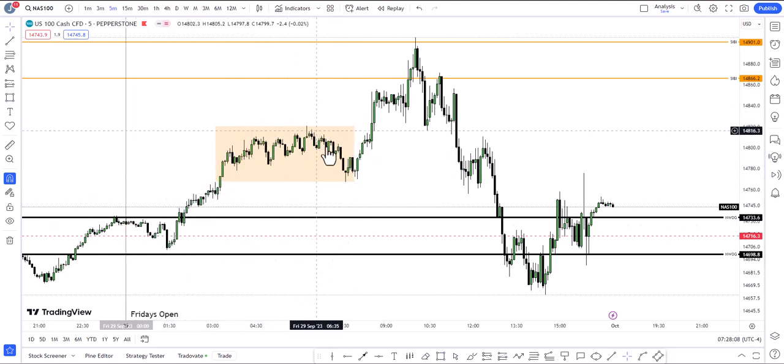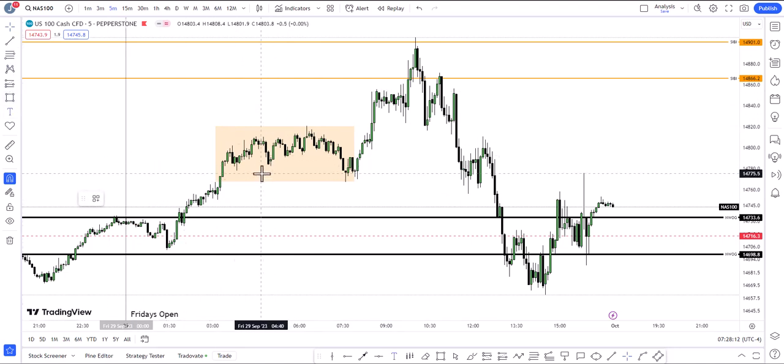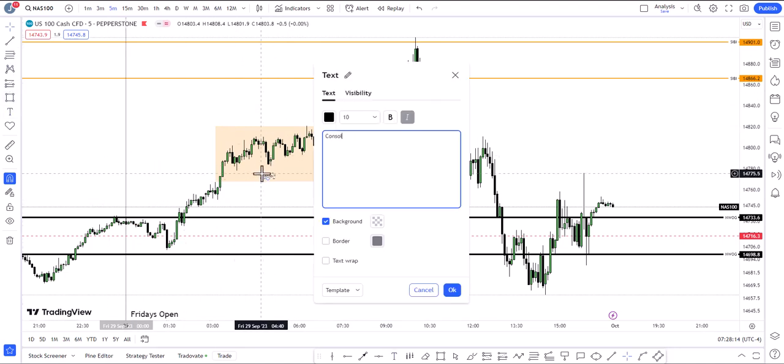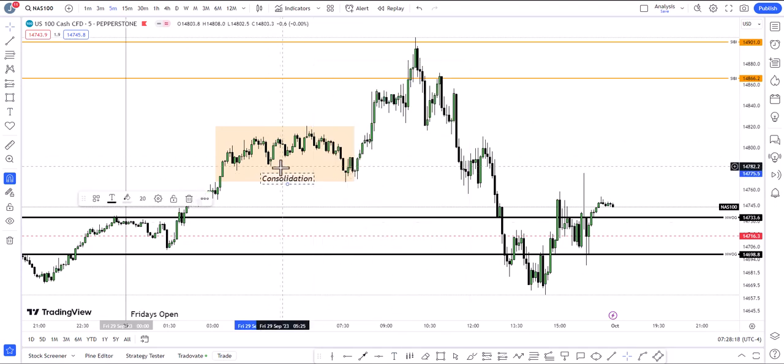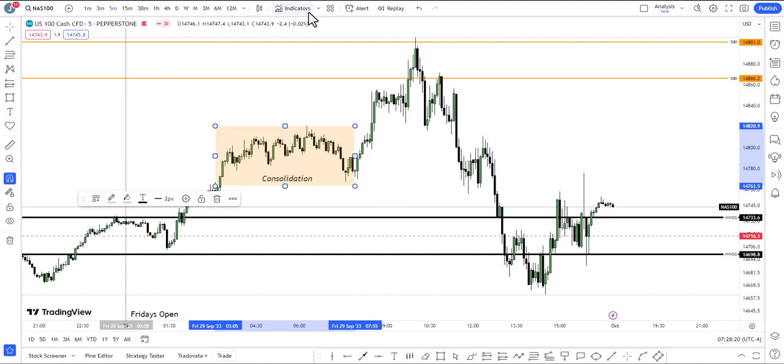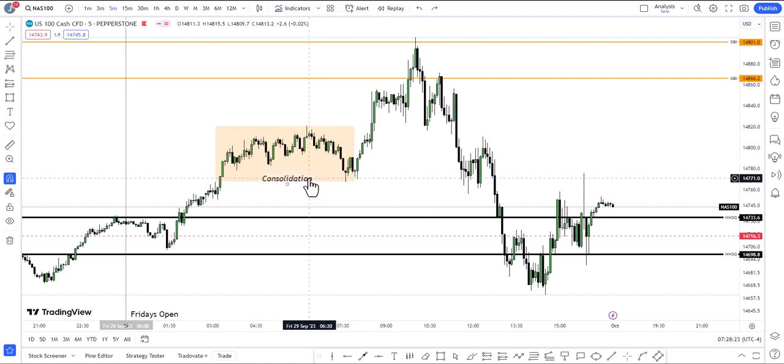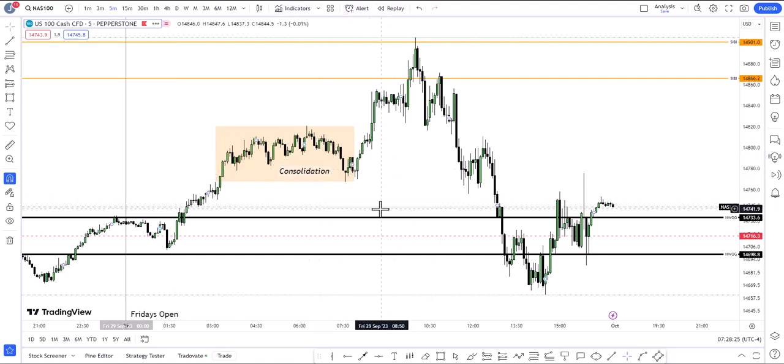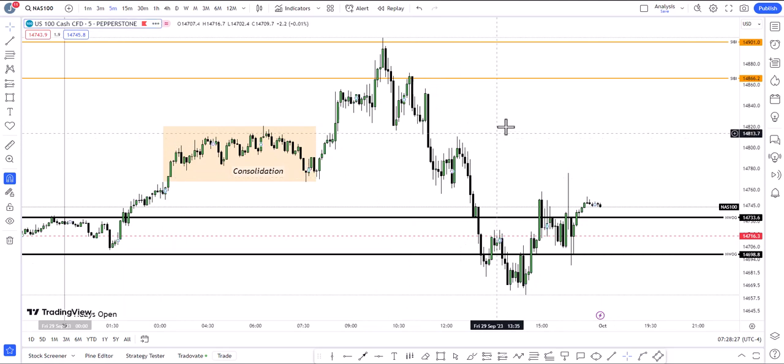Just lots of back and forth consolidation there. As you can see over here, price respecting that level right there quite nicely.